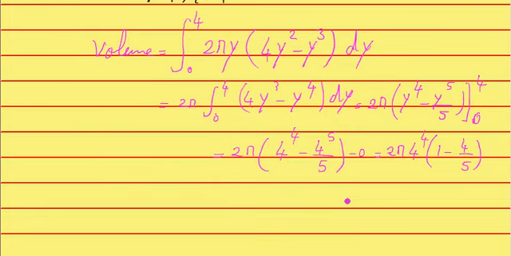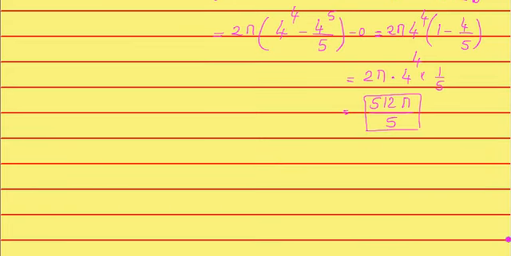Notice how I'm avoiding relying on my calculator too much here. 2 pi times 4 to the power of 4, and this is 1/5. Now if you want to use a calculator, that's fine. 4 to the power of 4, that's 256, times that, 512. This is 512 pi over 5, about 100 pi. Okay, that is the answer to this problem.